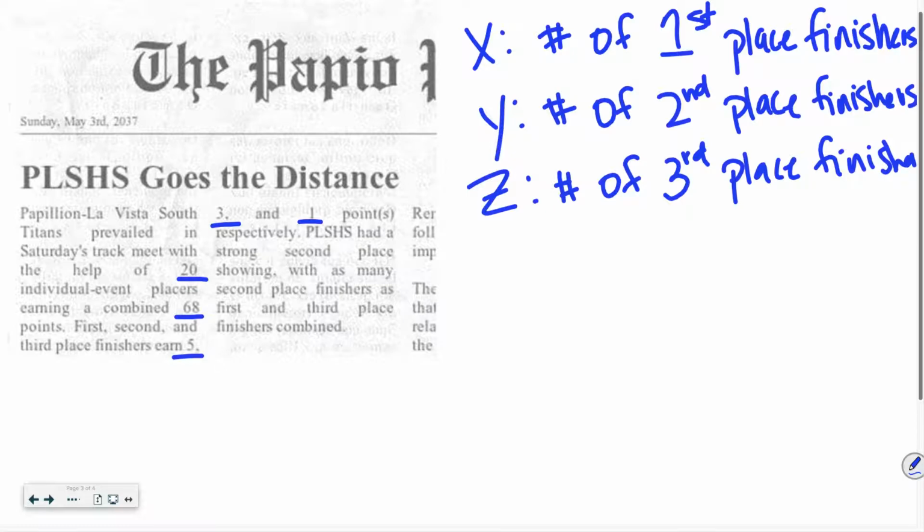Number of finishers. And how many do we have? So what does that mean? I'll continue in the sentence. Earning a combined 68 points.